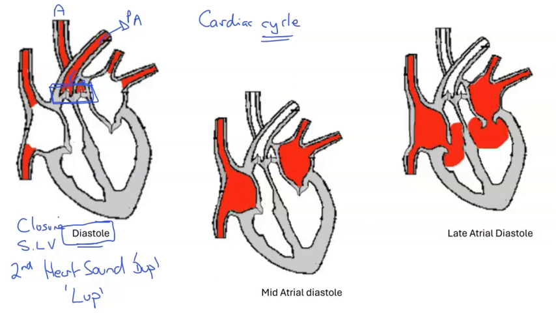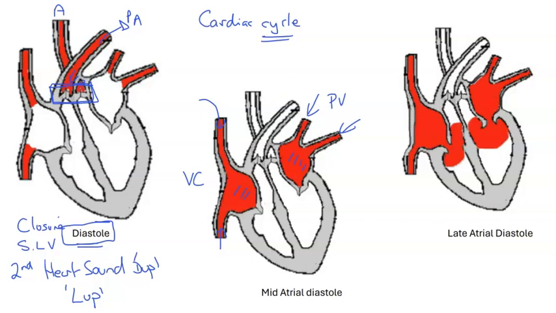Fractions of a second later, blood is returning to the heart in the pulmonary veins from the lungs and in the inferior and superior vena cava, and the atria are filling up with blood, passively filling up and extending.